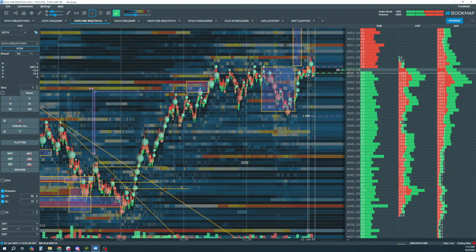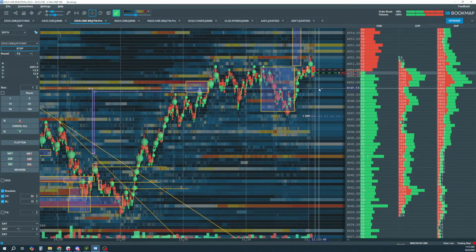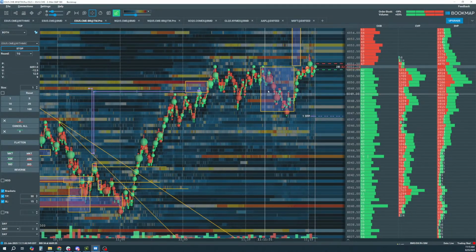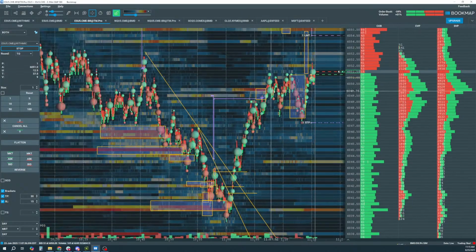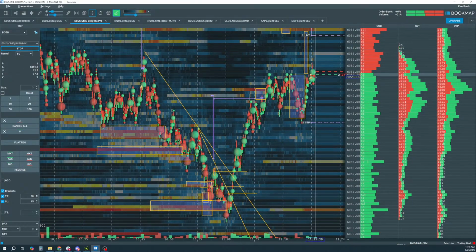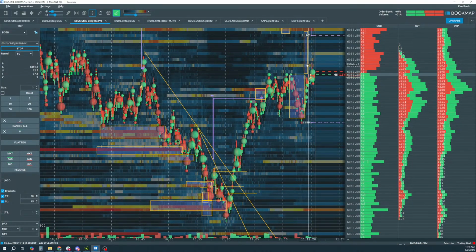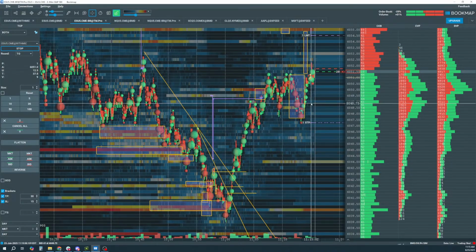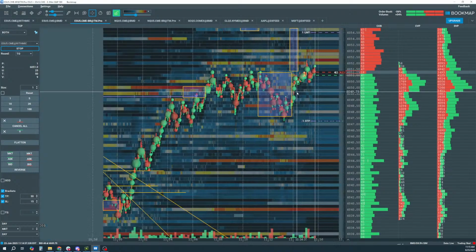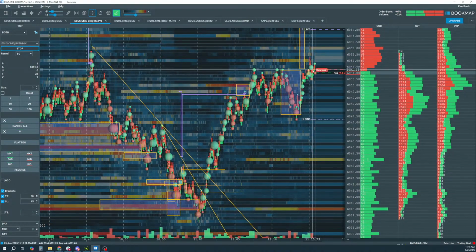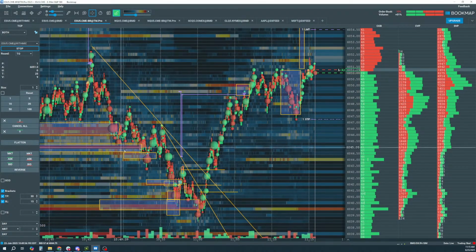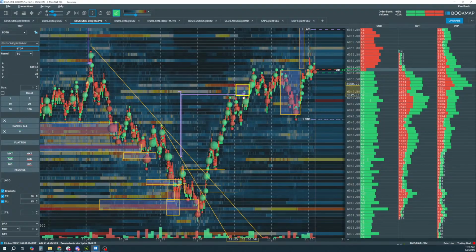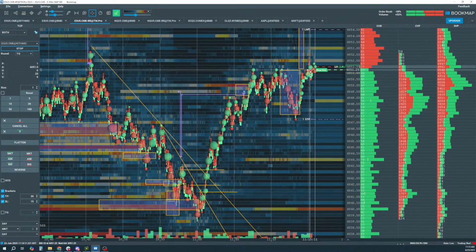Okay, and there's a lot of reasons for that. But the main reason is we just don't know if the aggressors now have a little more leverage. They will be able to move price back down for a short period. But in general, we're still looking for all of this behind us here to fuel this move to the upside.